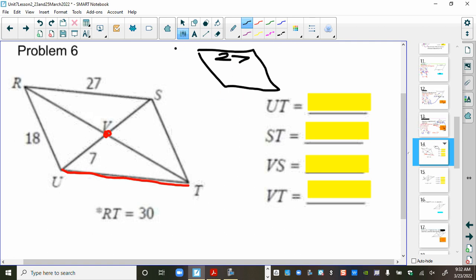RS is 27. That means UT is also 27. Now, ST is going to be 18, because that's across from RU.